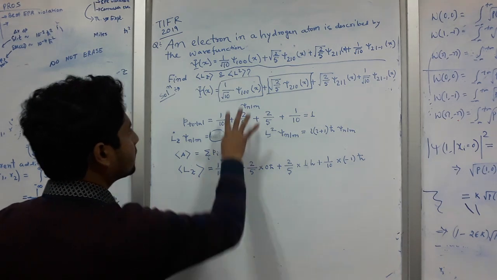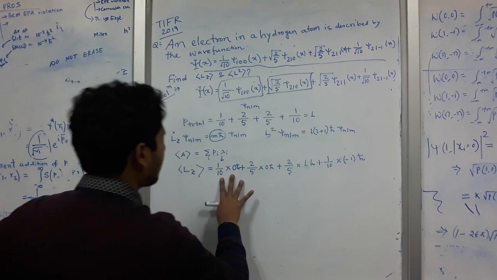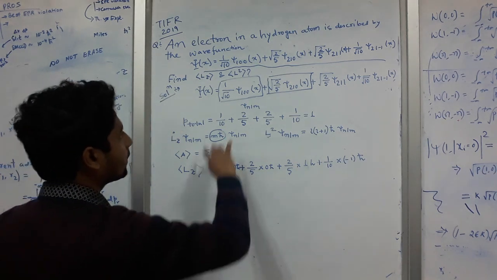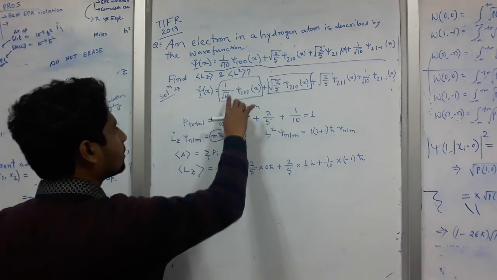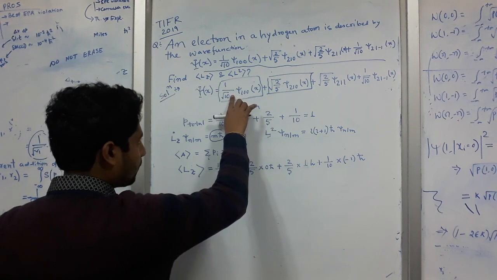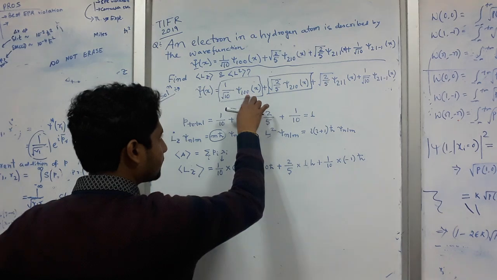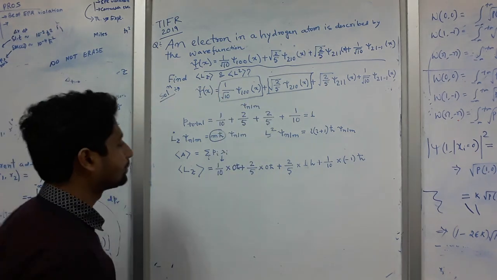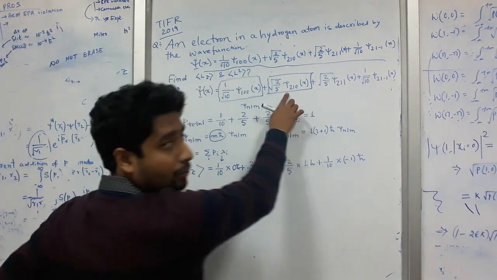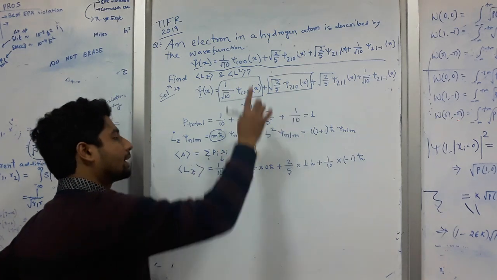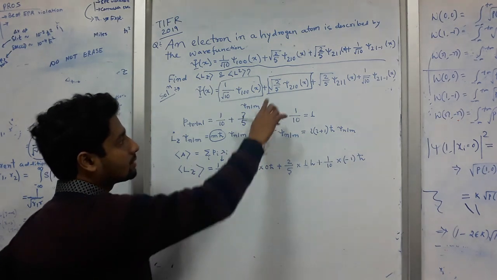Since my wave function is this one, what is the pi? Let's go to the first one. Pi for this one is 1 by 10 and lambda i is 0 h cut. For the second one, pi is how much?